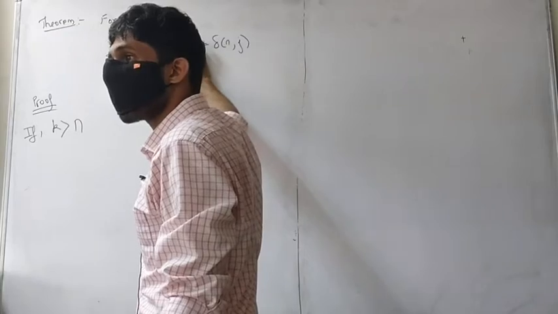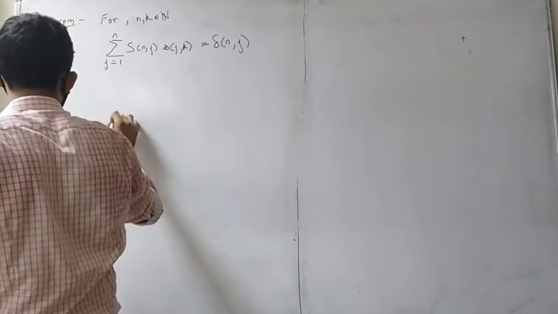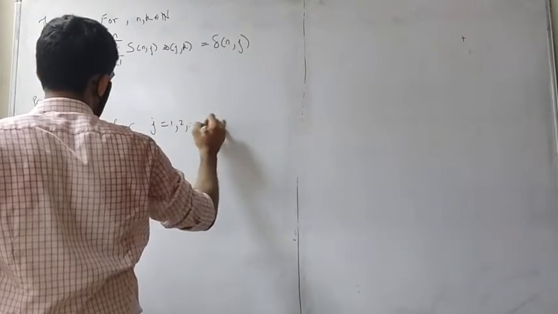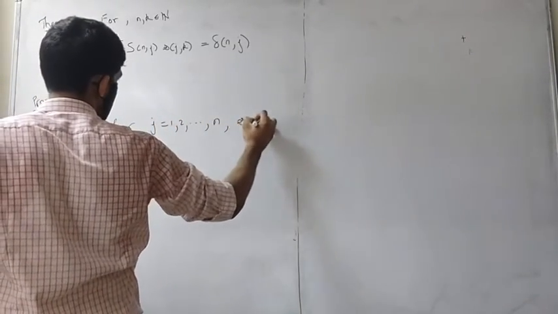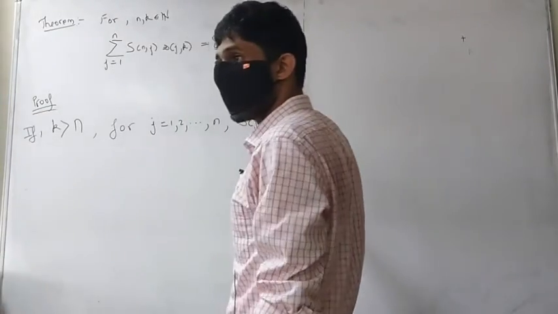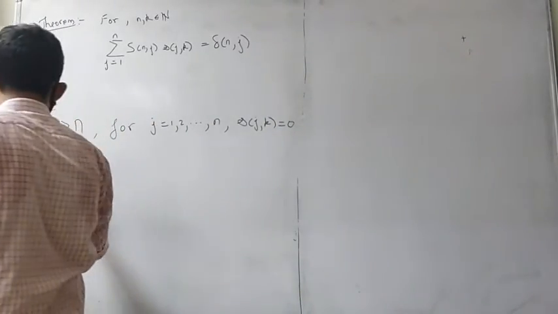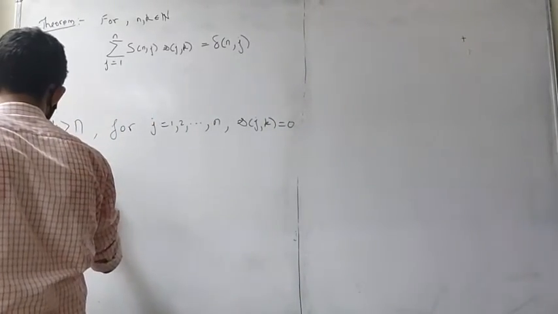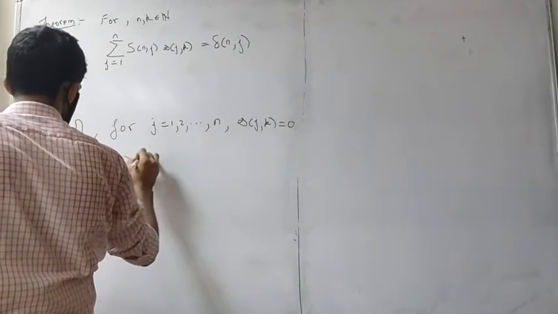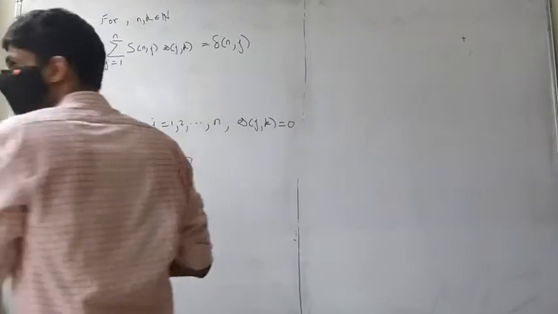In this sum, for j equals 1 up to n, s(j, k) will be equal to 0 because j is less than k. So therefore the sum over j from 1 to n of capital S(n, j) small s(j, k) would be 0, which is exactly what we want.